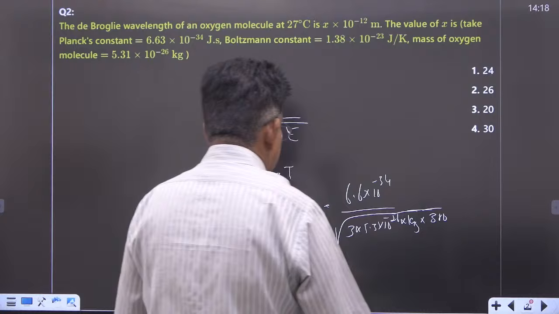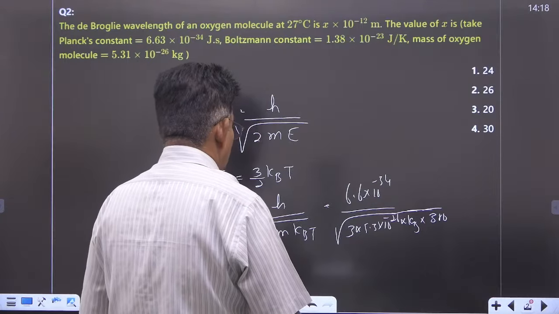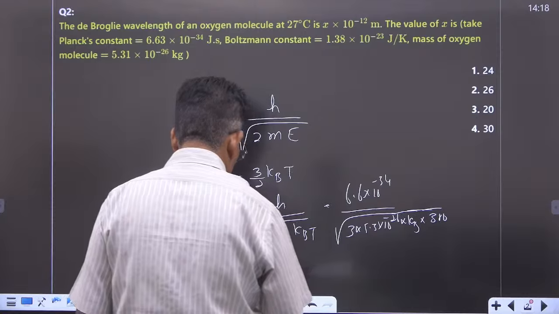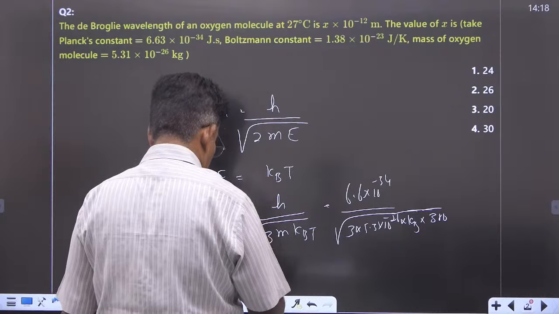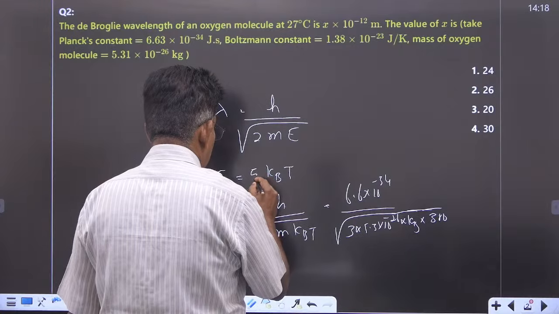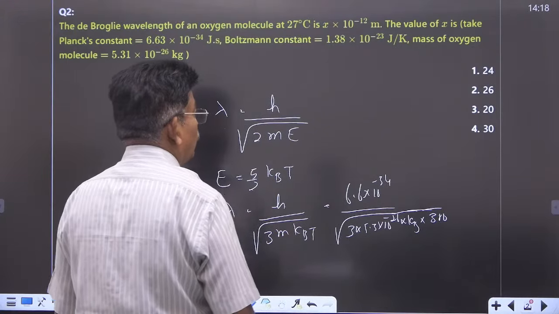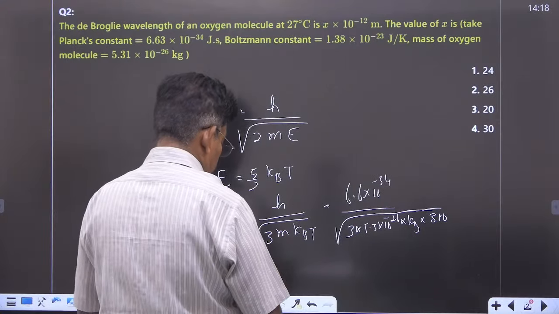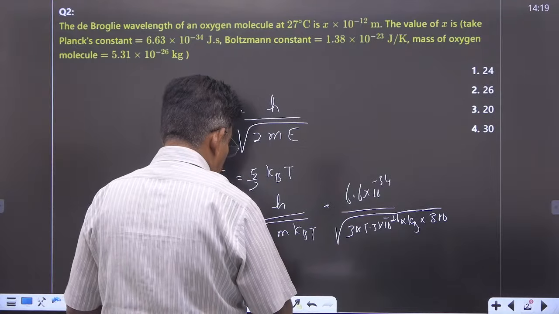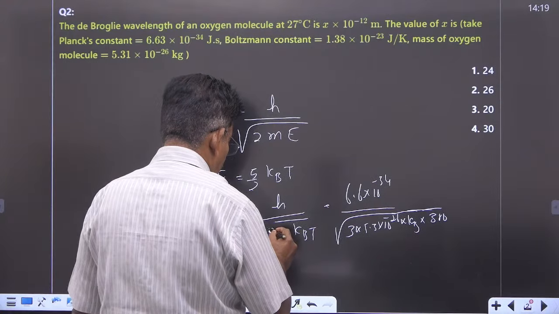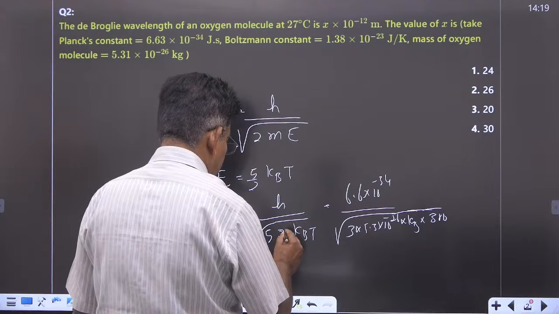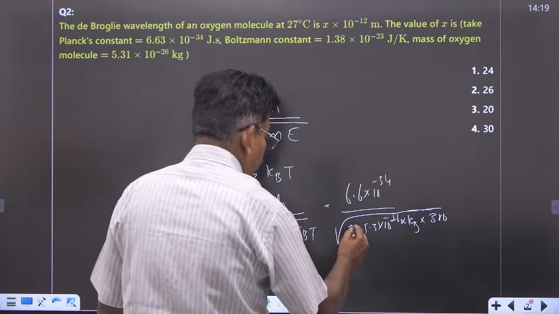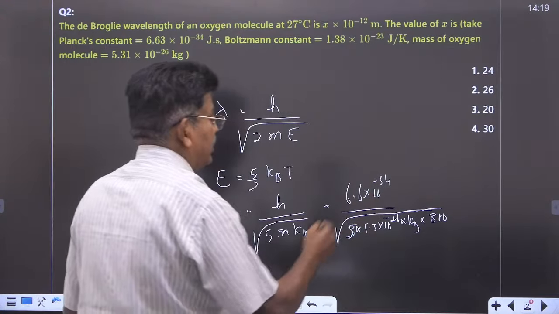So it has a possibility of rotation also. So its energy you have to work out as 5 by 2. Make a correction, 5 by 2. It's a diatomic molecule, oxygen. So this comes to be 5 by 2 kBT. Then you work it out, you will be getting the answer.